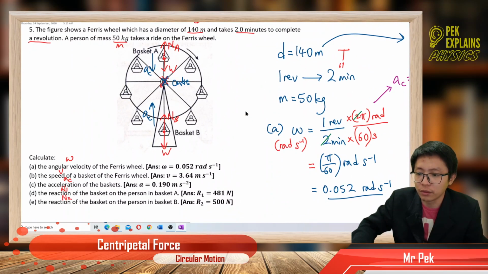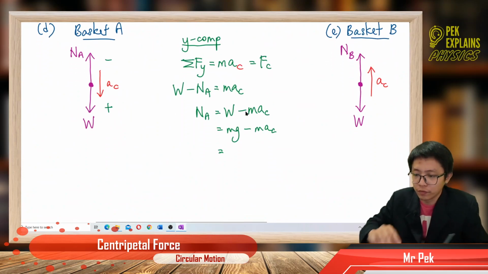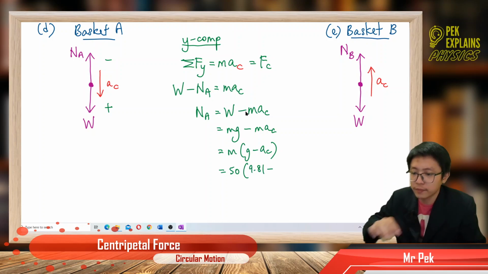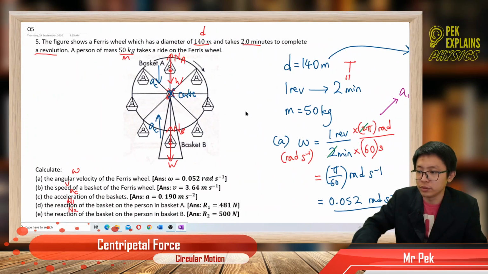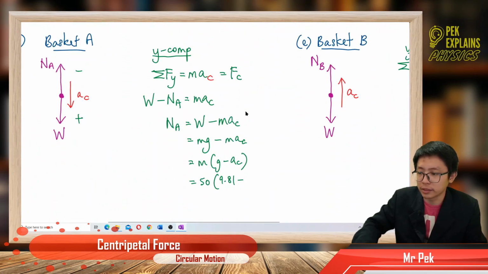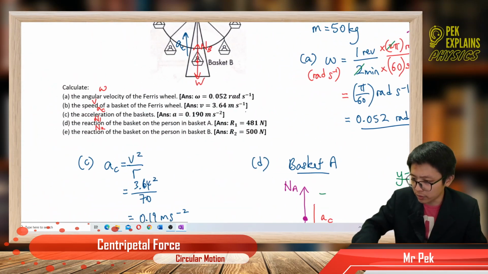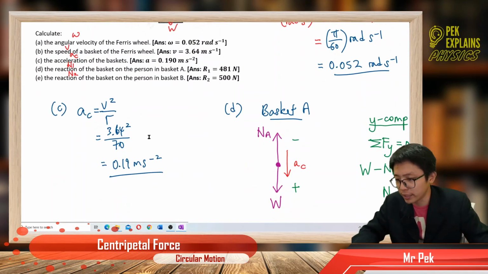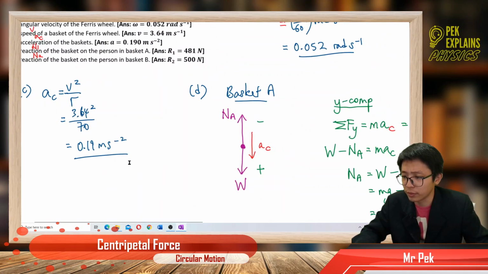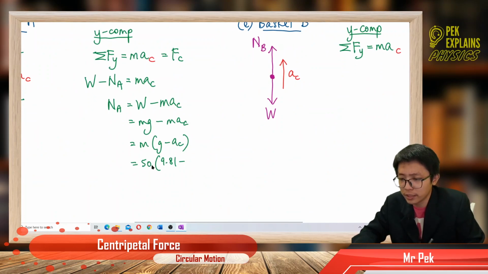Our mass is 50 kilogram, and G is 9.81. What is our AC? We got the AC just now, 0.19. You don't need to use V squared over R anymore. Just substitute the value of AC, 0.19.